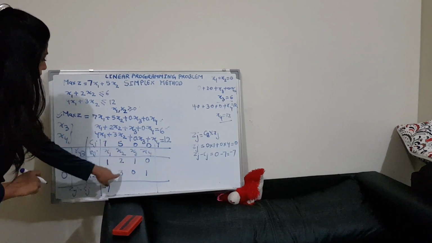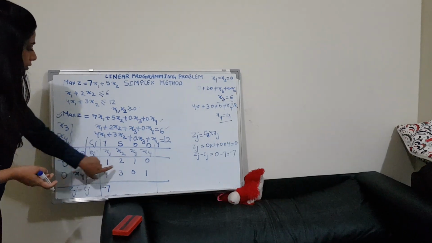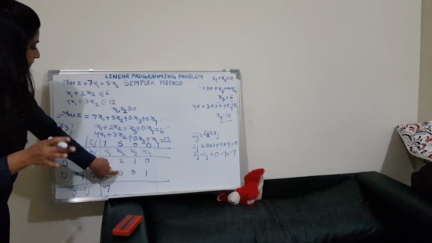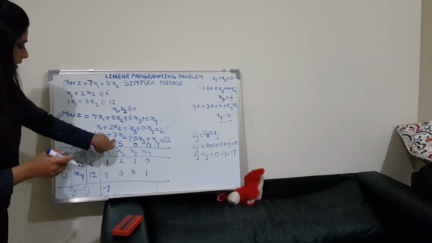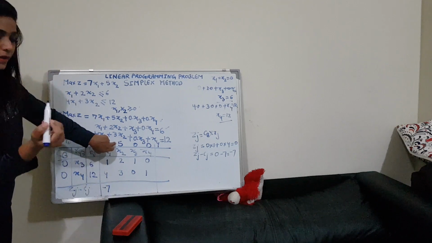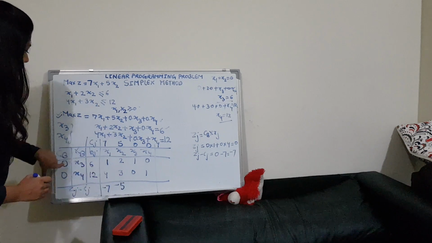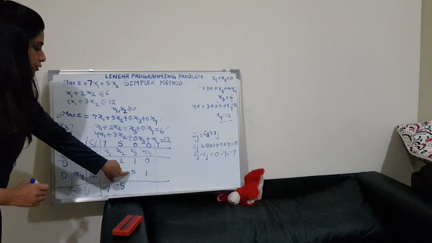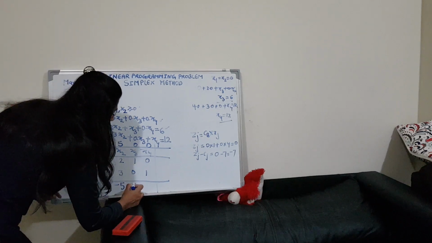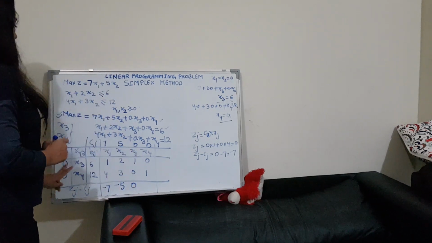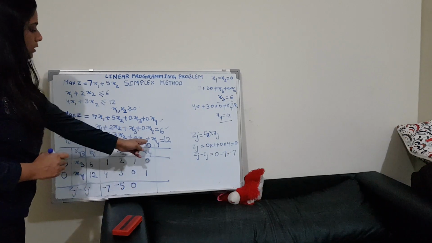For second column 0 into 2 plus 0 into 3, which is also 0. So Zj value we are getting 0 and minus Cj means minus 5. So 0 minus 5 is minus 5. For third column 0 into 1 plus 0 into 0 is 0 and minus 0, which is 0. For fourth column 0 into 0 plus 0 into 1 is 0 and minus 0 is 0.